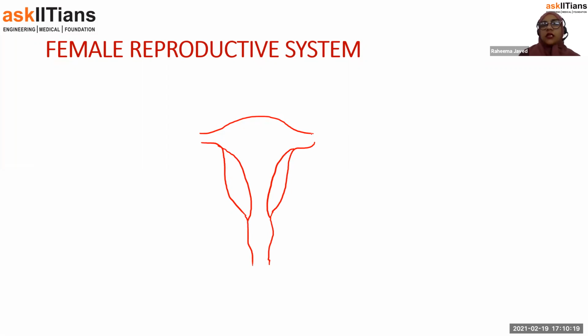This is the uterus, and then you can proceed with making the fallopian tubes and the ovary.